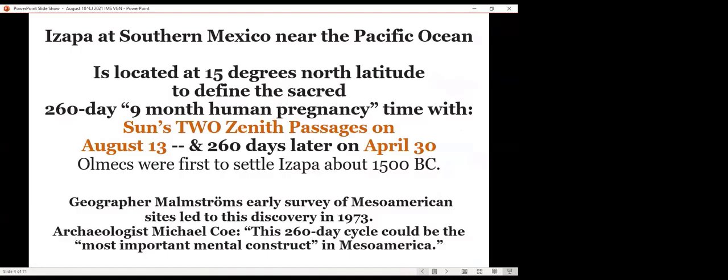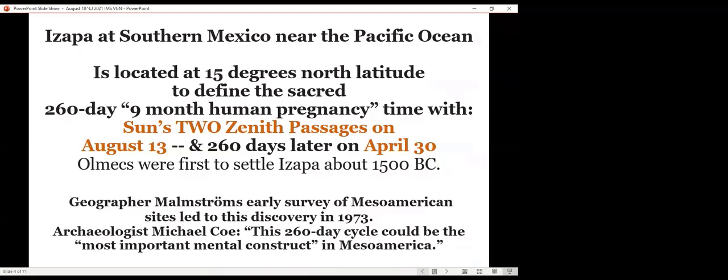Izapa, southern Mexico, is near the Pacific coast. Located, I'm going to round this off at 15 degrees northern latitude. Technically, naked eye astronomy can't measure the astronomical data.